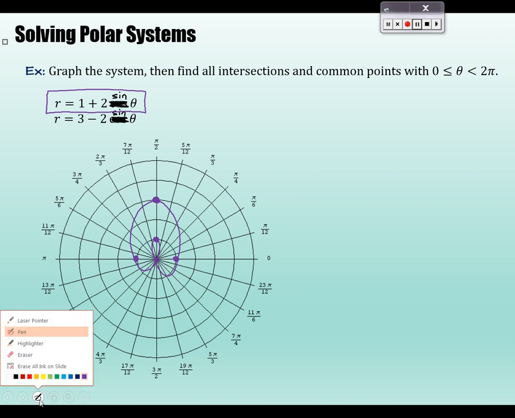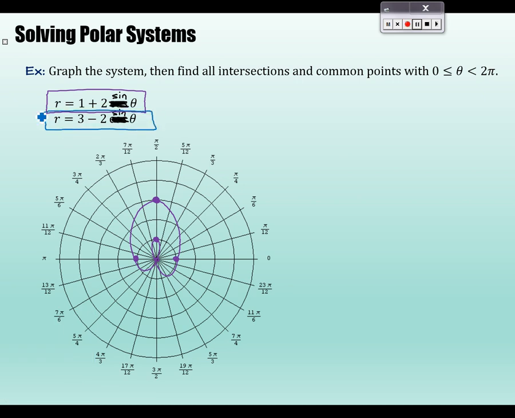And blue for this guy here. How about 3 minus 2 sine theta? That's got a max of 5 in the 3 pi/2 direction. So 1, 2, 3, 4, 5.